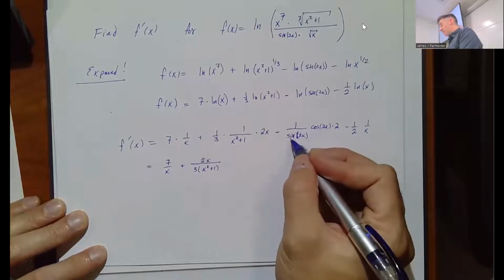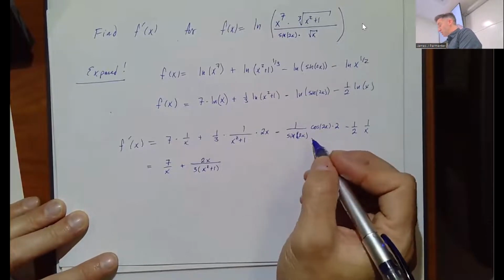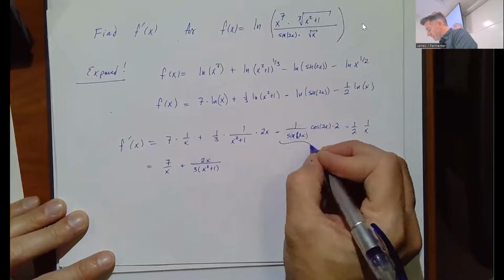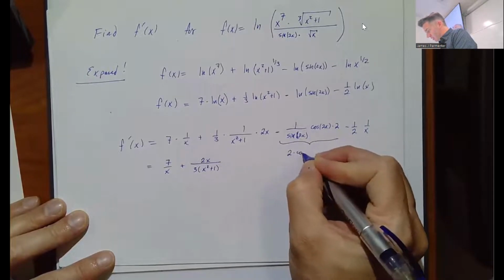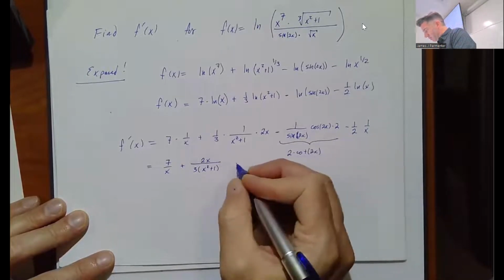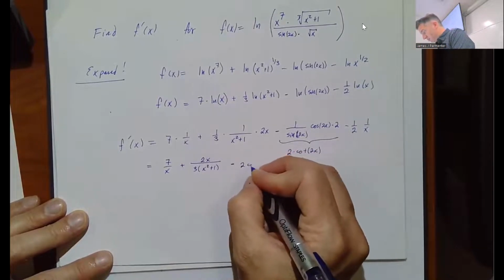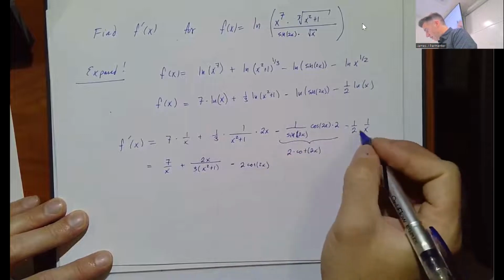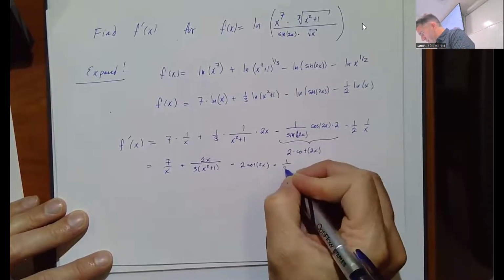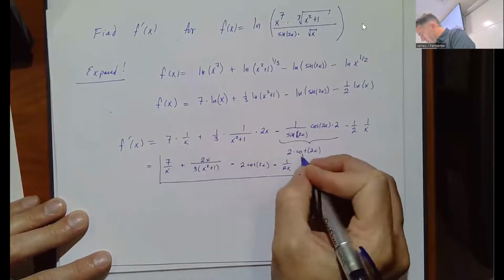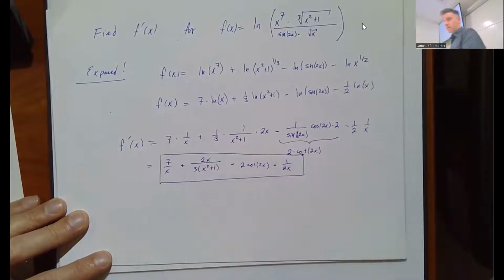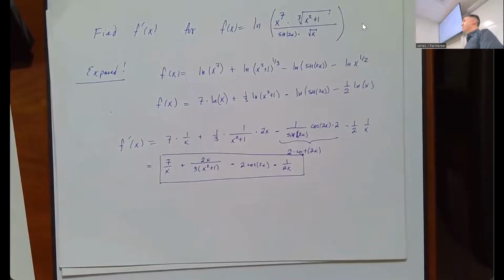Cosine of something over sine of the same something is just cotangent. So I could rewrite this as 2 times cotangent of 2x, which is much easier to type than cosine over sine. And finally, I get minus 1 over 2x. So that's probably the easiest way to find the derivative of this particular expression.